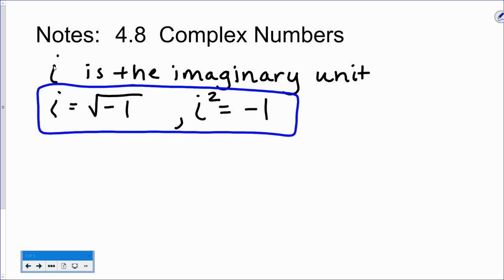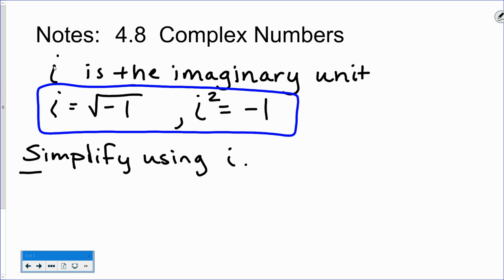Okay, so you might be asked to simplify using our imaginary unit i. So if I had a problem that was the square root of -100, on a calculator it doesn't exist, right? Truly that number doesn't exist.